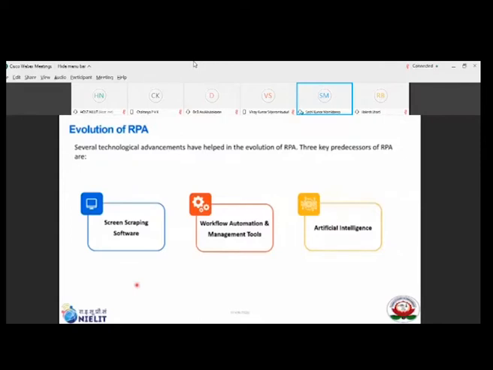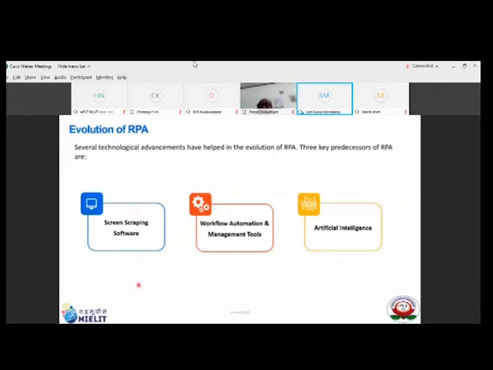That is where we got the second evolution of RPA, called RPA 2. We call it the attended version of RPA, where the users help the bot to do some actions. Then the third evolution has happened.